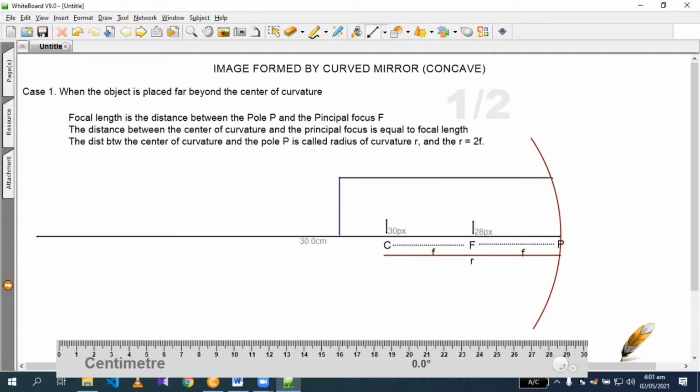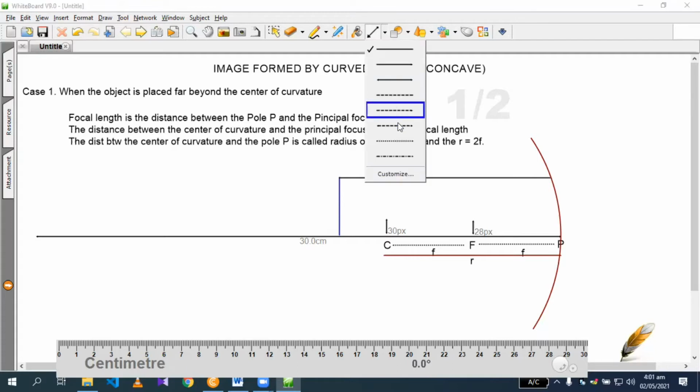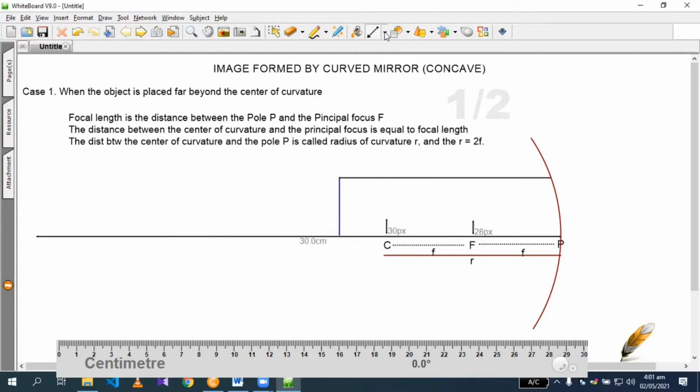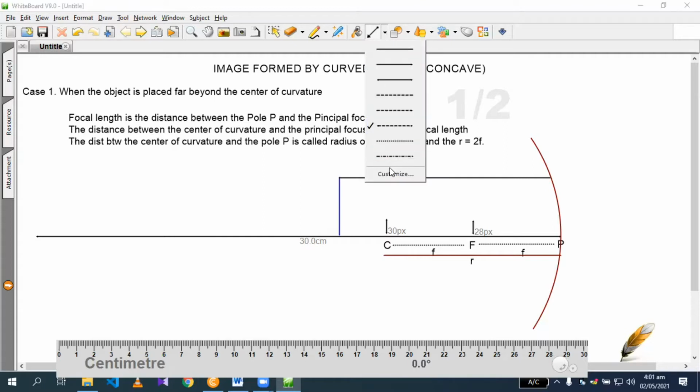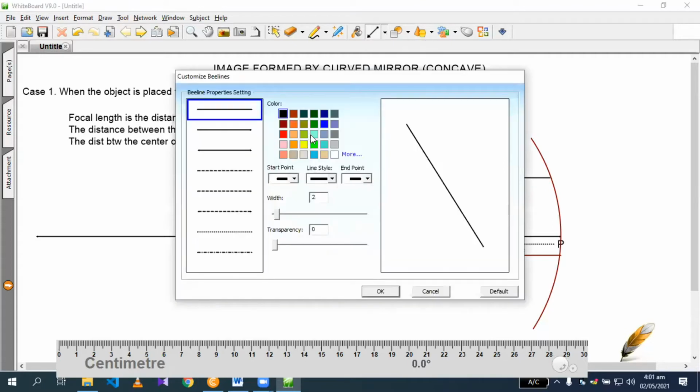Once it hits the mirror, another thing happens. After it hits the mirror, this is what will happen: you will have it coming back. They will always converge. Don't forget that we are dealing with a concave mirror.